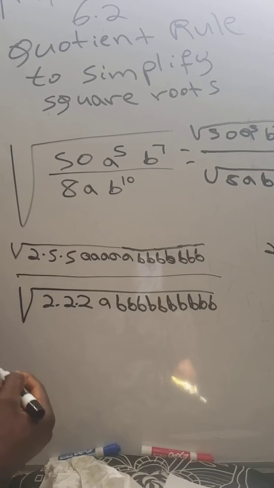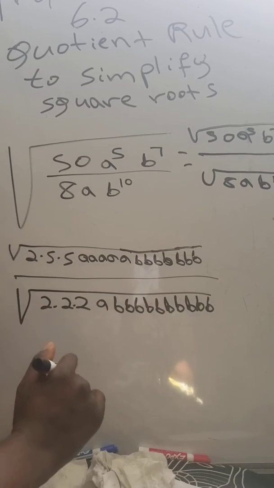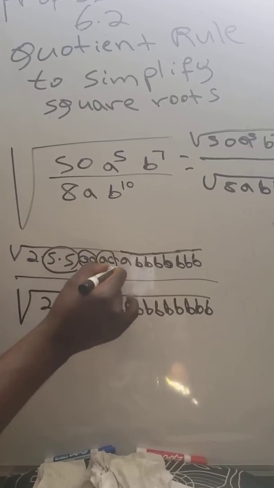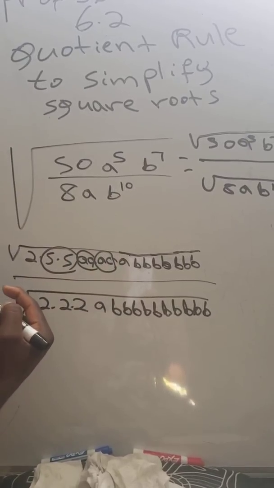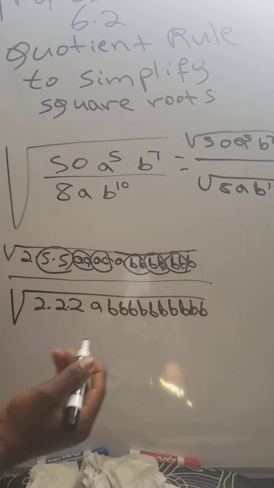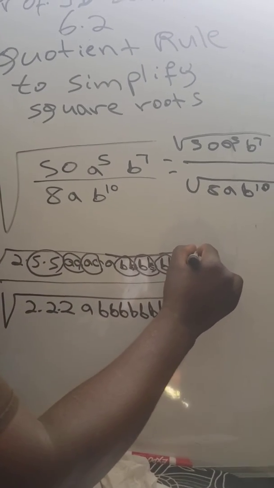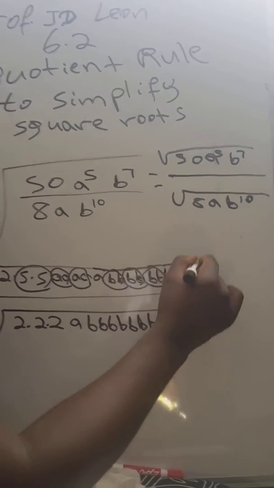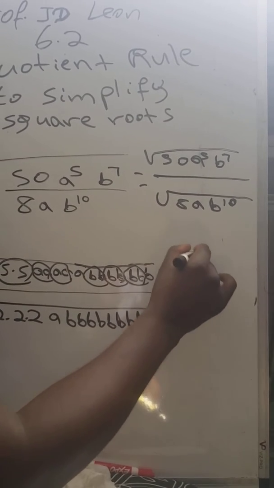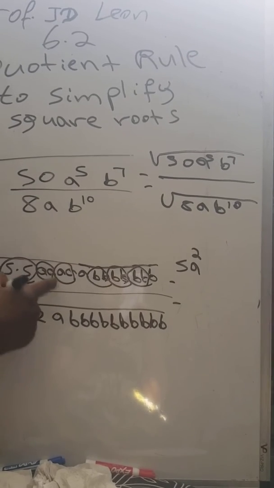So then to simplify that, let's erase this. We have one pair of 5, two pairs of a, three pairs of b. So we can bring out one of the 5. So this could equal 5, and then a squared, because you have 2 pairs, you can pull out 1 for each, so you pull it out twice.